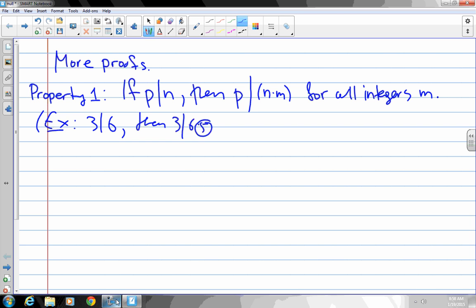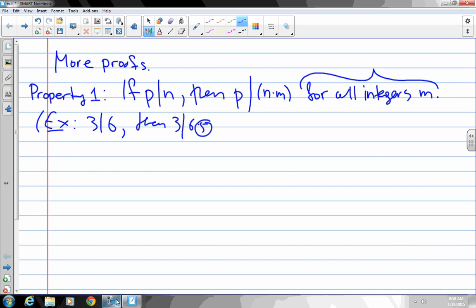There is a shortcut in order to write for all integers M. Remember we were talking about different little math symbols, and do you remember the math symbol for there exists?